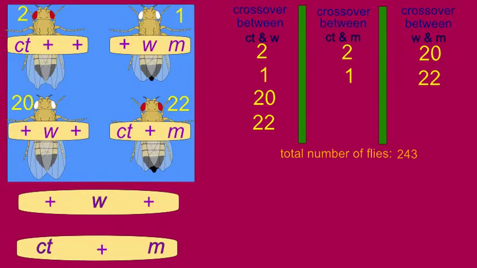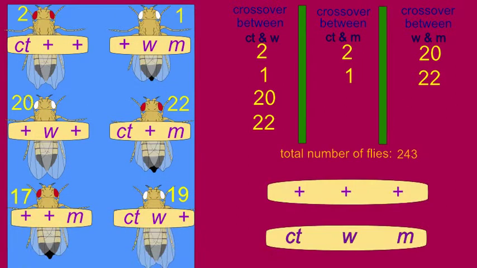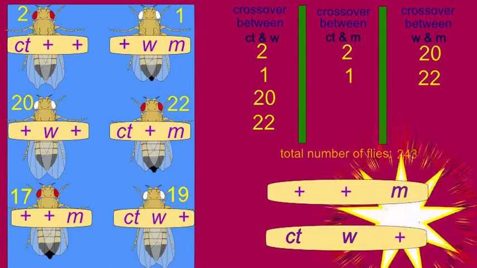The female gametes, which produced the males with the mutant type miniature and males with the mutant phenotype cut and white, resulted from a crossover event which separated the mutant gene miniature from the other two mutations.